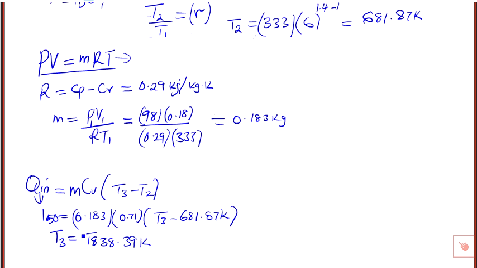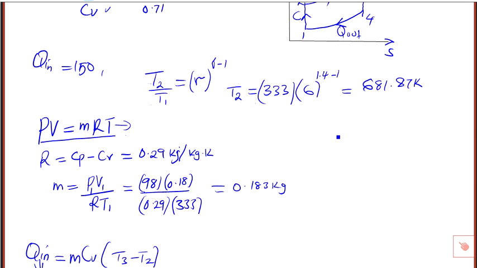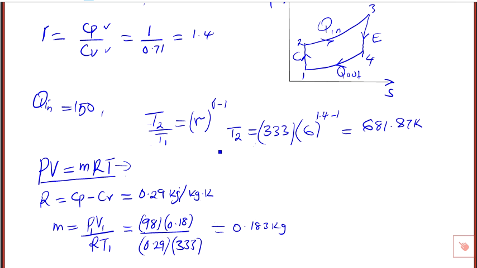Now you can see this temperature is very, very high, which is very true because T3 is usually the peak temperature, and that one is evident from the PV diagram.